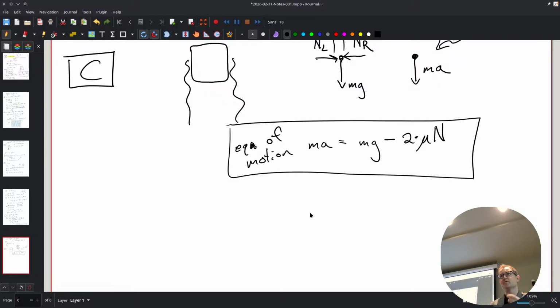So initially we're doing 3 meters per second. This N is kind of an unknown right now. We don't know what that normal force is. So we could look at some extreme cases.